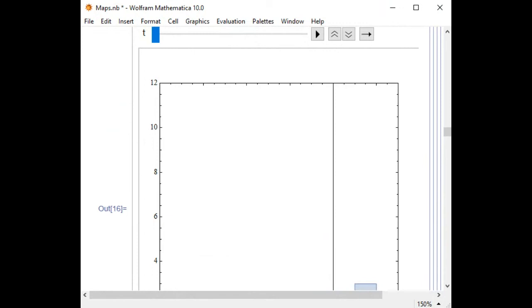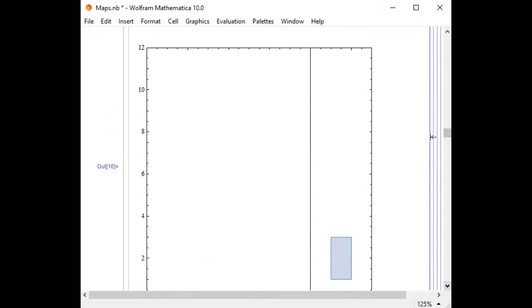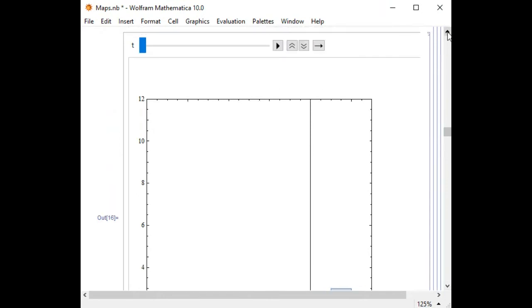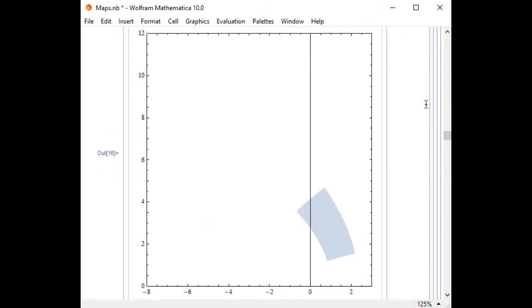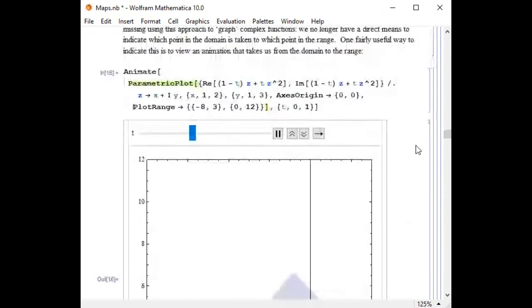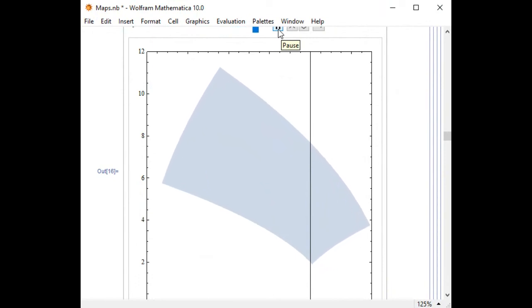All right. So I'm just going to go ahead and let this play out. Actually make it a bit slower, and I'll start it off at the beginning again. But you see what's happening is the rectangle is turning into that other shape, the output shape. We are stretching the rectangle and rotating it.